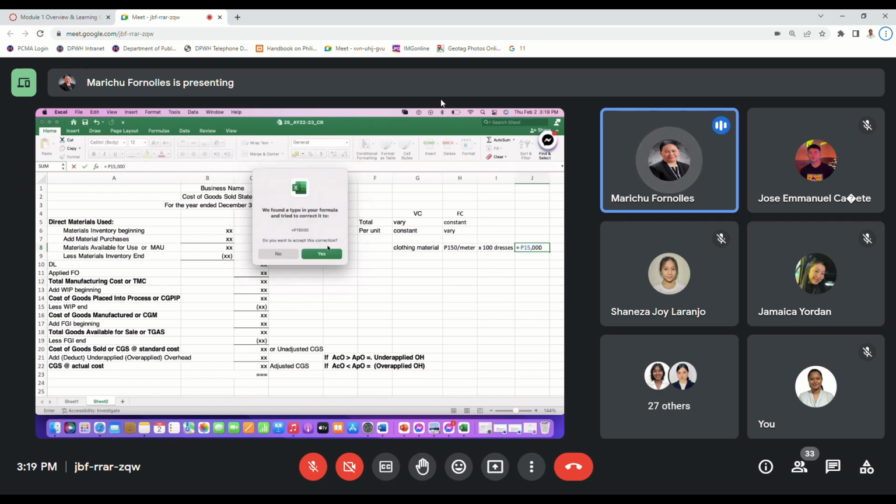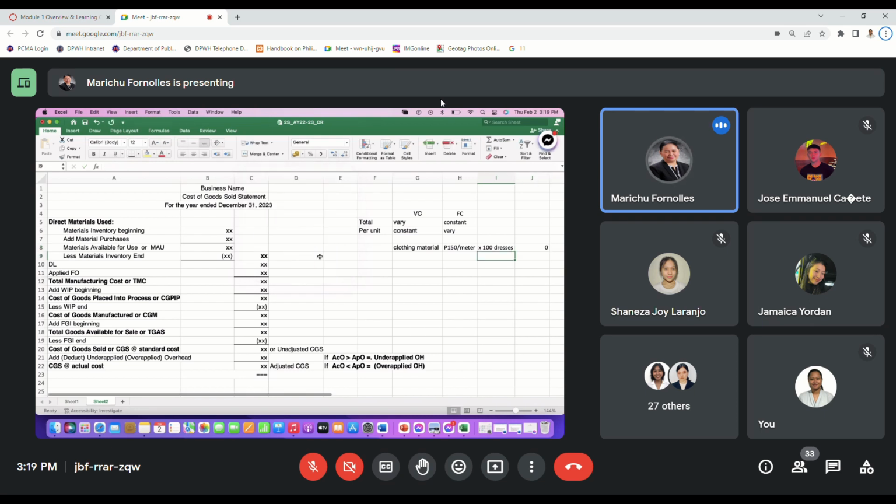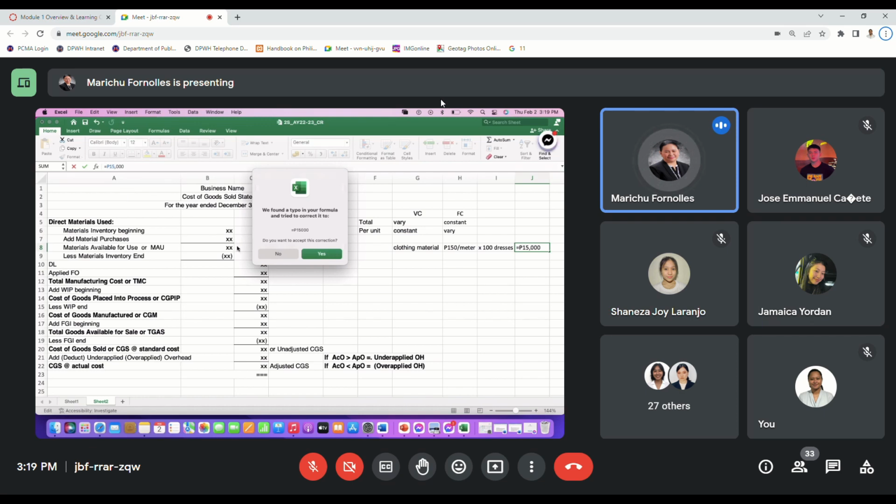Supposing you reduce the quantity from 100 dresses to 50 only.